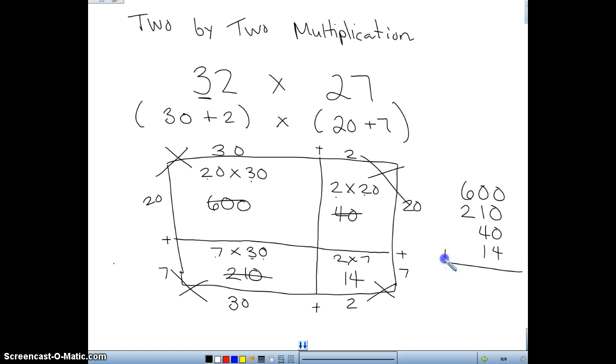And then we're just going to add those up. And now we know that 32 times 27 equals 864, using the area model method. The area model, thinking of it as a rectangle.